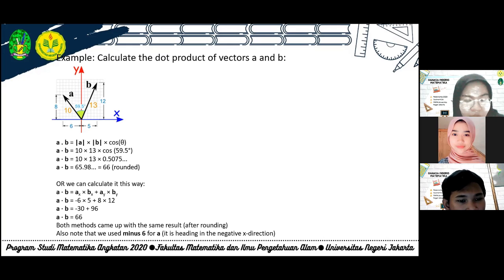Dot product of vector A and B equals minus 30 plus 96. Dot product of vector A and B equals 66. Both methods came up with the same result after rounding. Also note that we use minus 6 for A, because it is heading in the negative x direction.